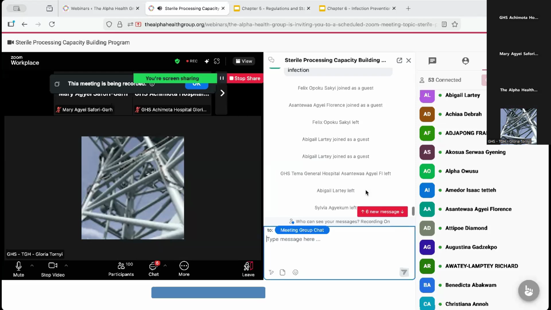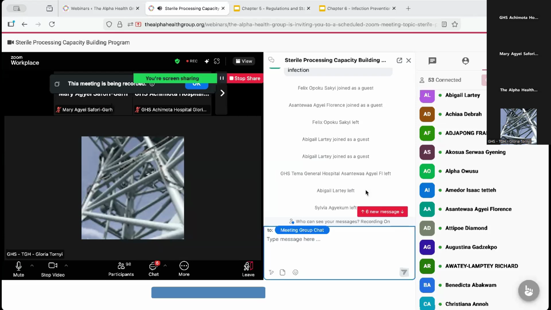And even when it finds its way into the environment, it will be controlled so that it will not further spread to other people. And with the sterilization we are learning about, it's just how to keep our instruments safe.